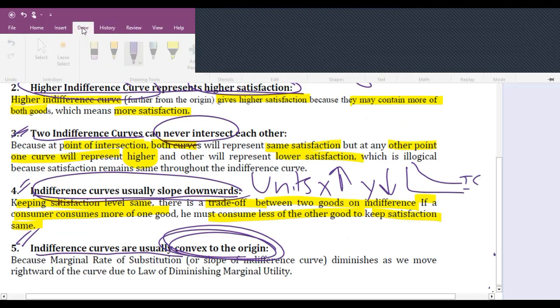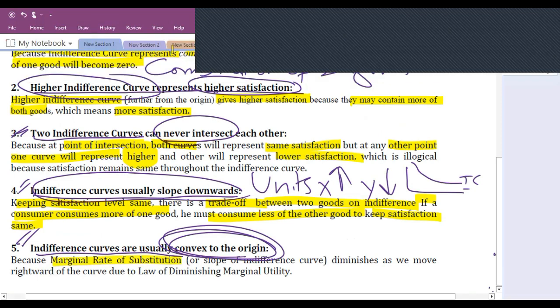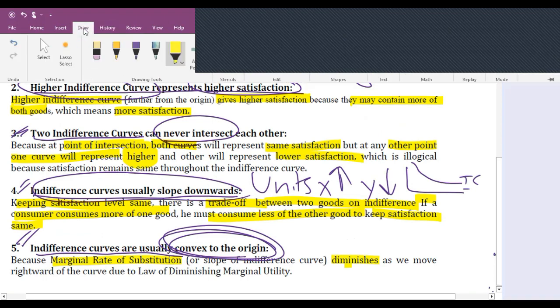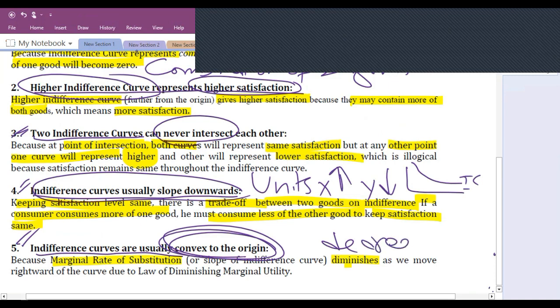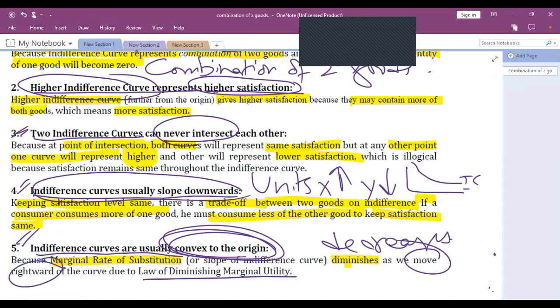Let's study from the notes: because the marginal rate of substitution is diminishing, diminishing means decreasing, it decreases when you move rightward along the curve due to the law of diminishing marginal utility.